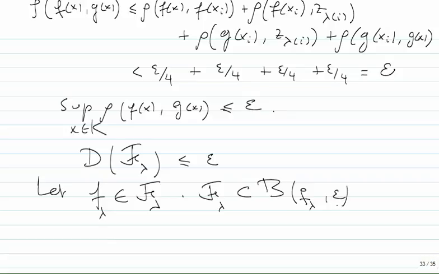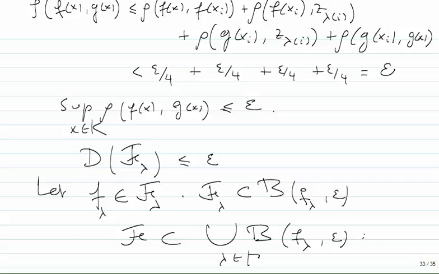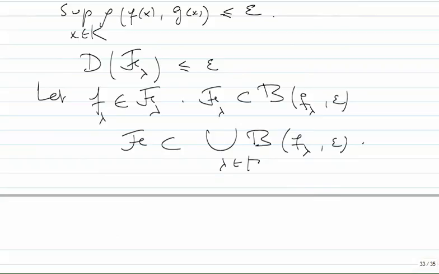So this way F is included in the union of all the balls B(f_lambda, epsilon) over lambda belonging to Lambda, and this shows that F is totally bounded. Okay, so this completes the proof of the theorem of Ascoli and Arzela.